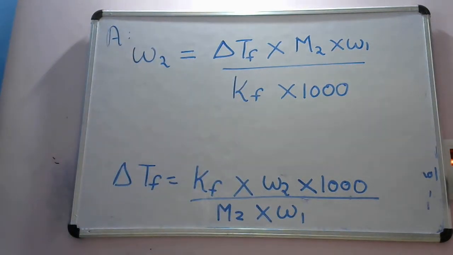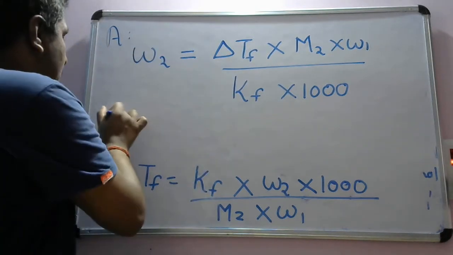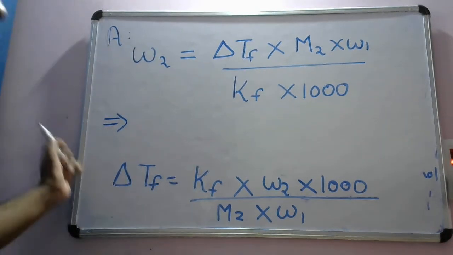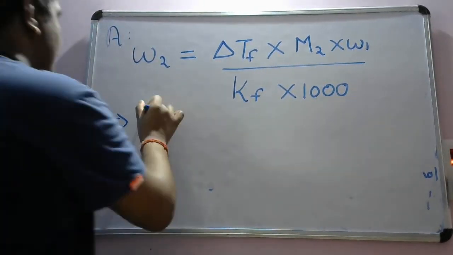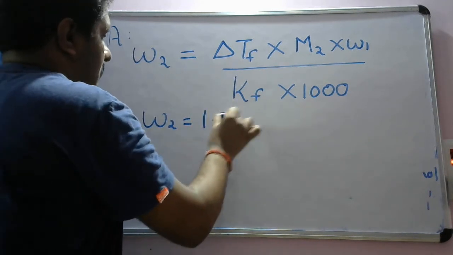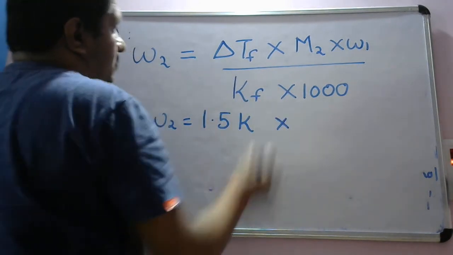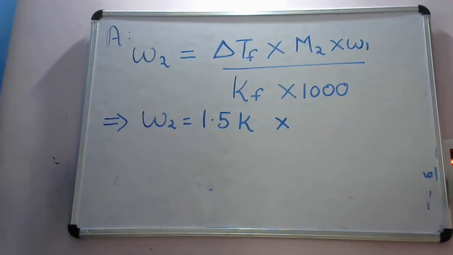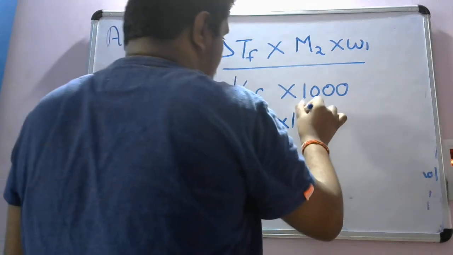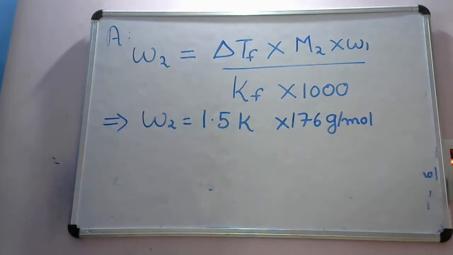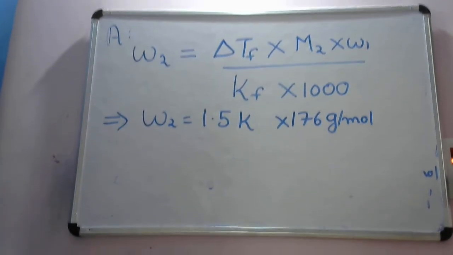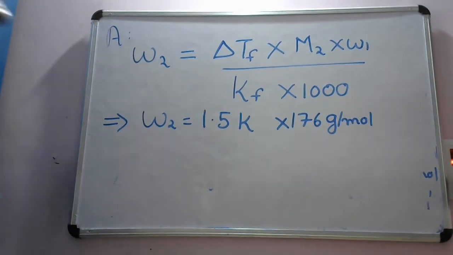So this is what we get, keeping W2 on one side and known values on the other side. Next, we will substitute all the known values in the right hand side. Delta TF is 1.5 Kelvin, into molar mass of solute, already determined, 176 grams per mole, or gram mole inverse, whatever you can write, into W1, that is mass of solvent, 75 grams.